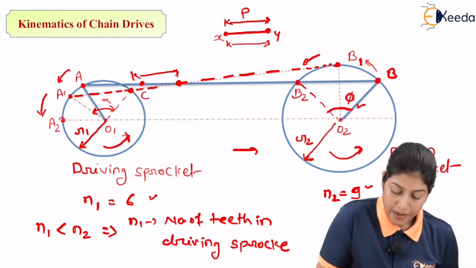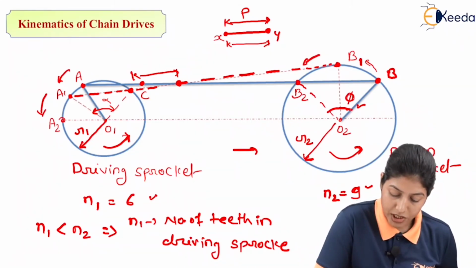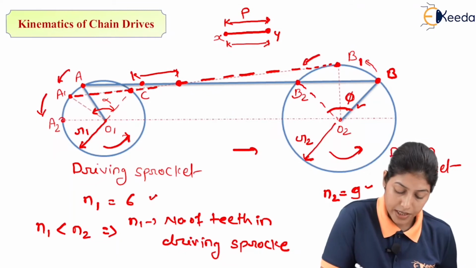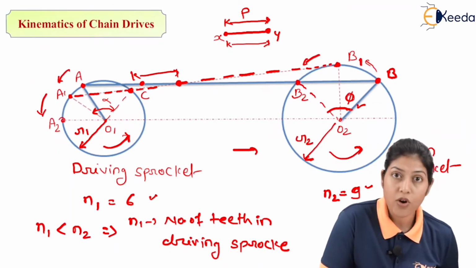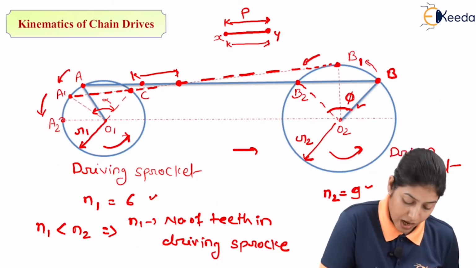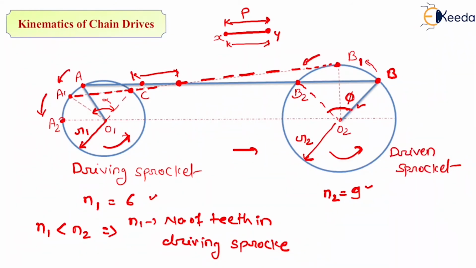So here, when B1 is changing its position to B2, in that condition the CB1 line will not be straight. So after reaching point A2 from A1, this particular straight line will be like this. So A2 will be here and point C will be somewhere here.